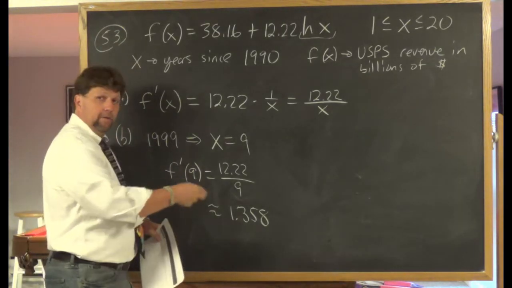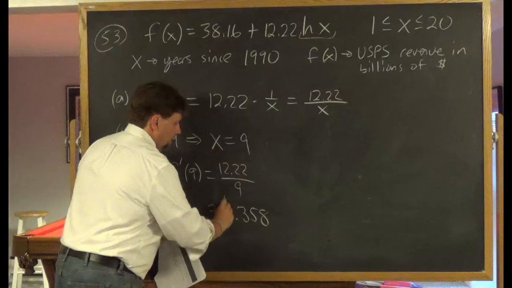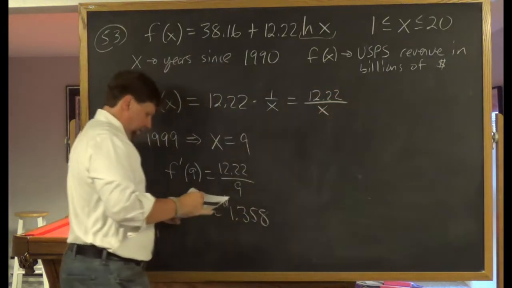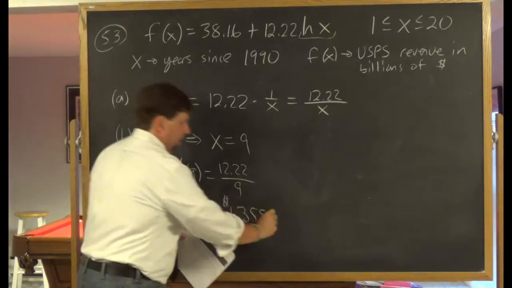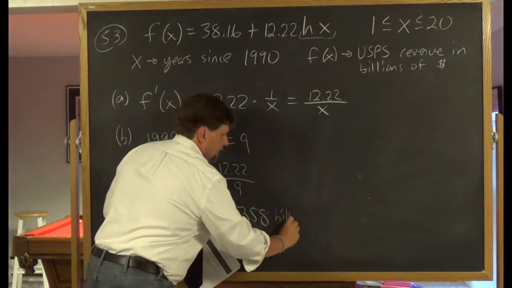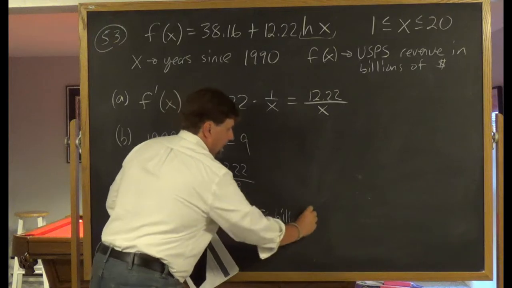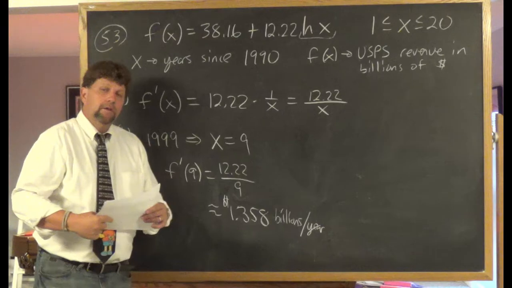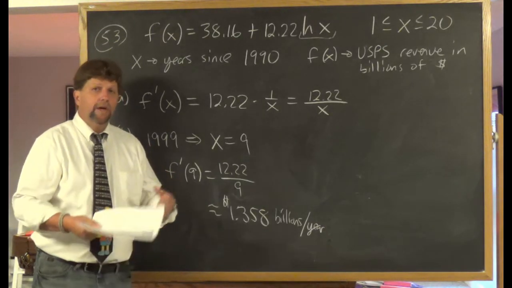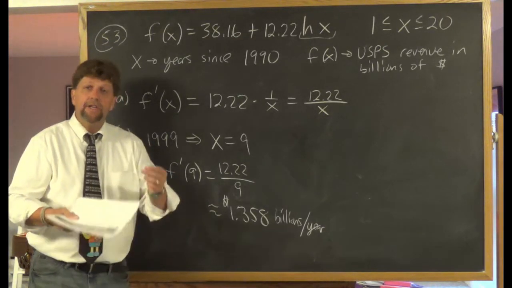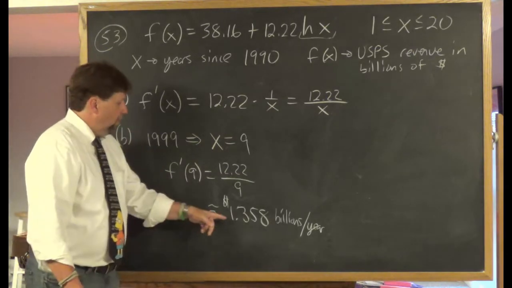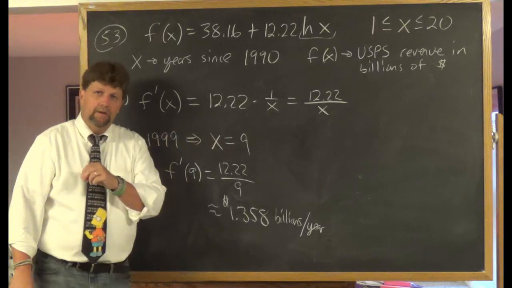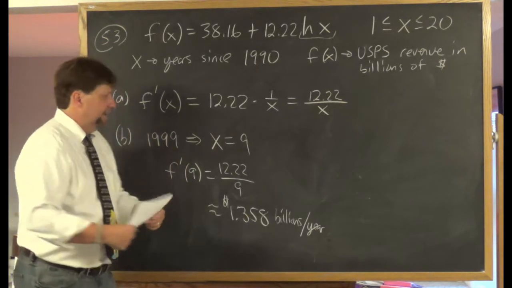Well, it's 1.358 billions of dollars. So I'll just put the dollar sign here, and I'll just put billions here. Billions of dollars per year. So in 1999, the USPS revenue was increasing at a rate of $1.358 billion per year.